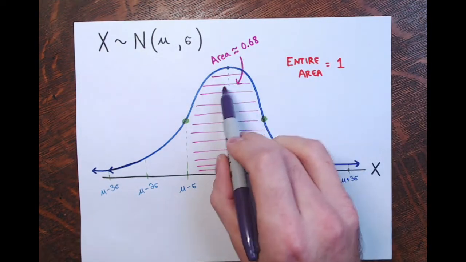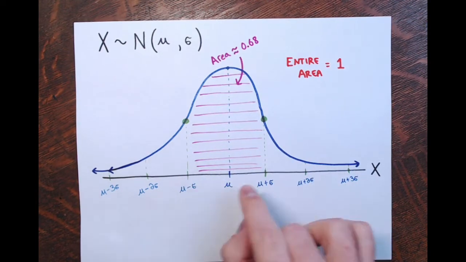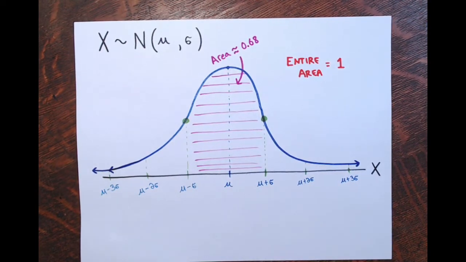Again, the area under this curve from mu minus sigma to mu plus sigma is approximately 0.68. Let me take a different color. Here we go.